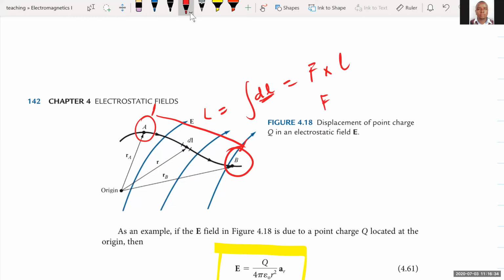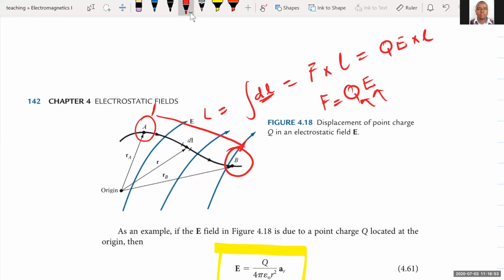But force, as we found out in our earlier classes, is obtained as the force experienced by the charge Q due to electric field E. That is why it is going to be given by QE times the length.